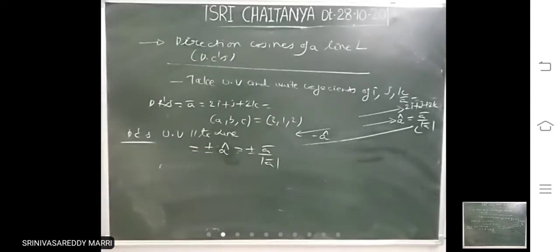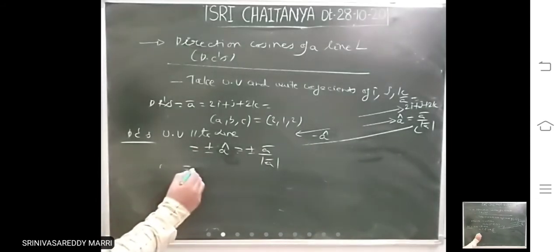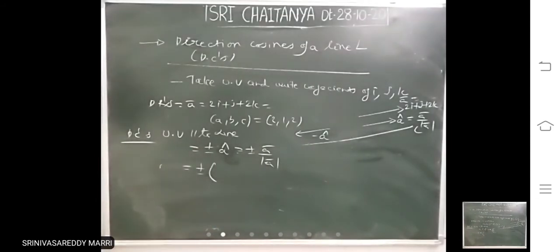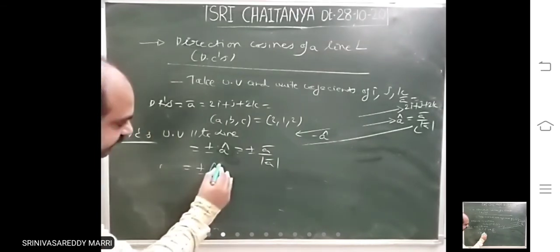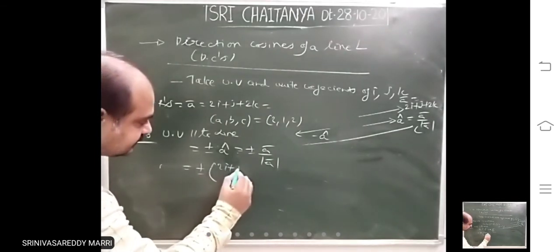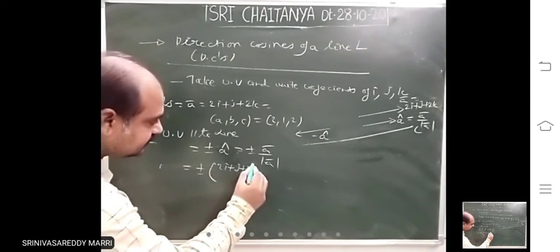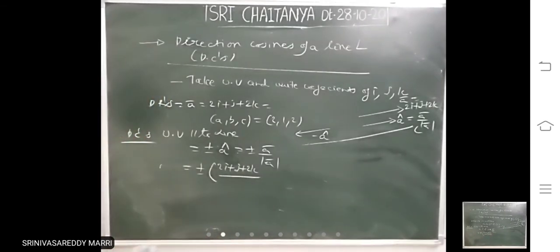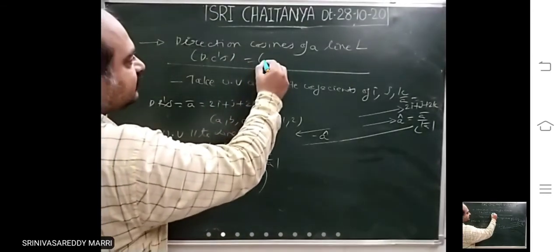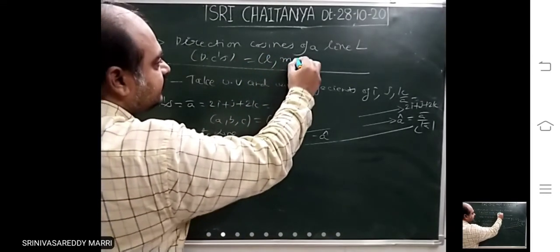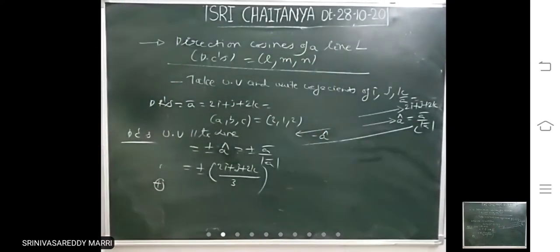Just if you write that unit vector, what will you get? Plus or minus unit vector is nothing but 2I plus J plus 2K divided by modulus A bar, which is 3. Direction cosines are always denoted by L, M, N. Right?